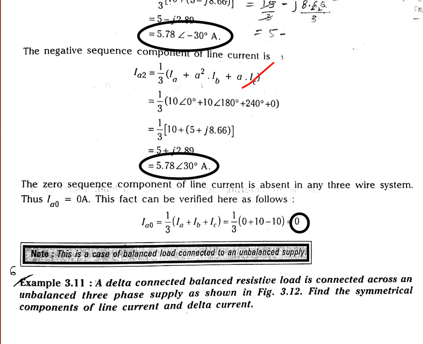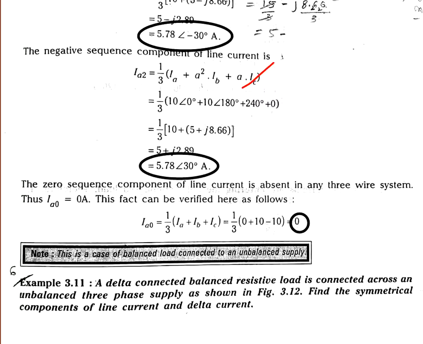If the magnitudes of current, voltage and phase angles are the same for all the phases, then we can say it is a balanced supply.